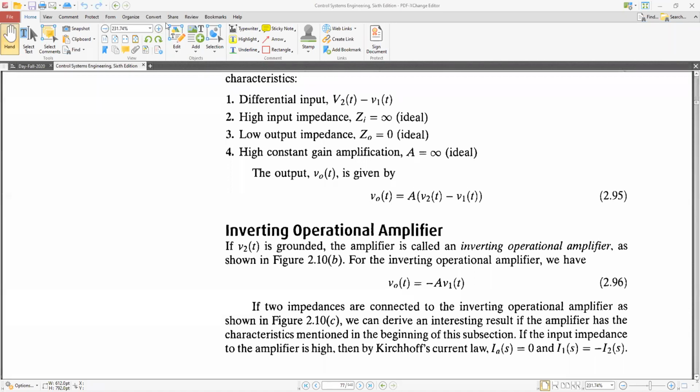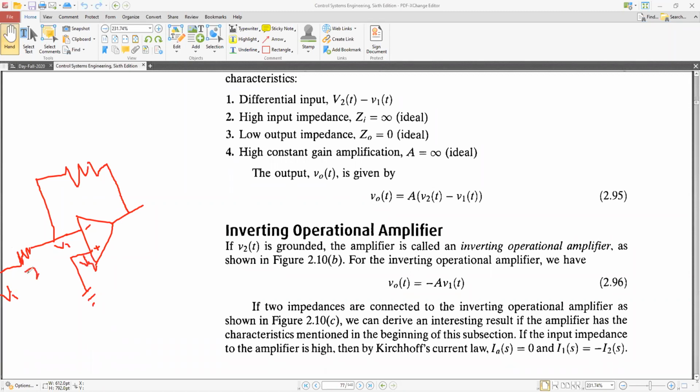So remember this one, an op-amp. That is negative, that is positive. Positive is connected to the ground. Here that is Vi, here the V1, here the V2.